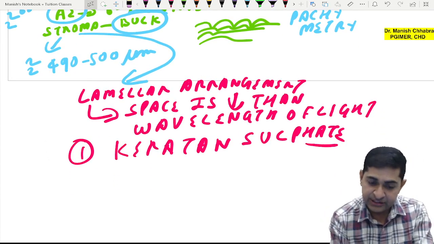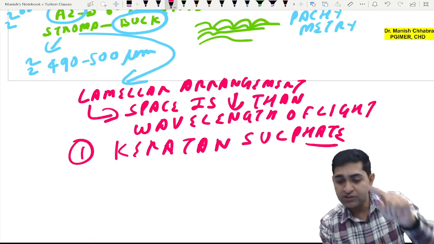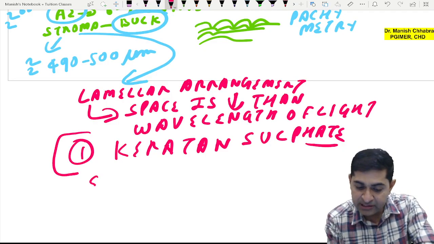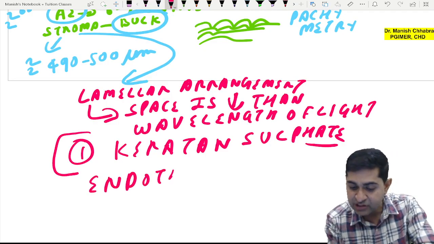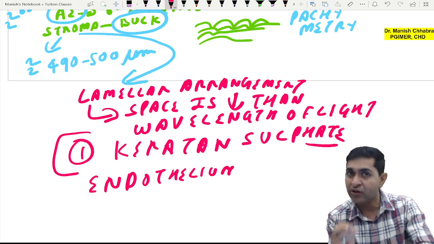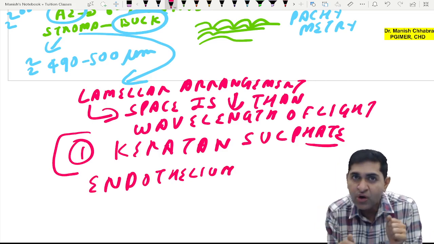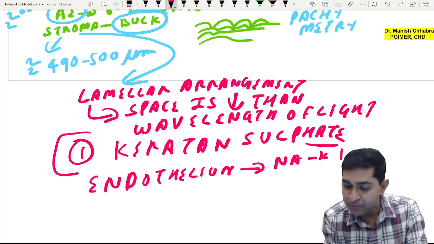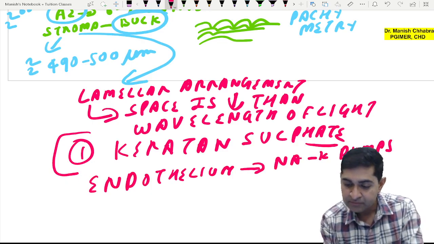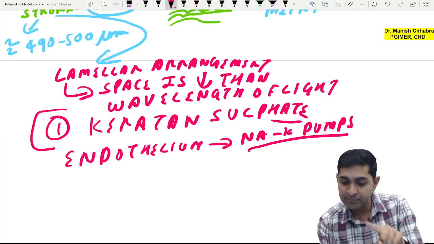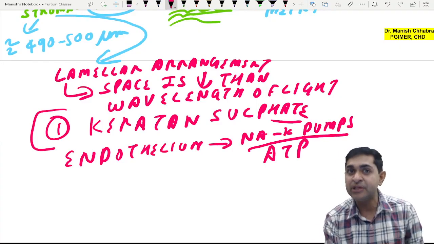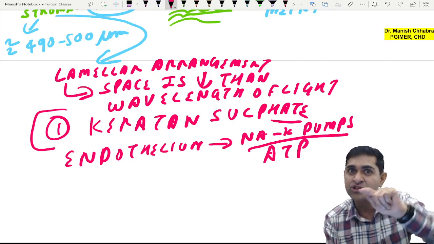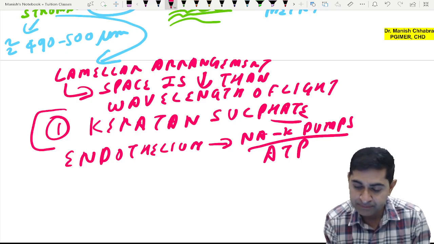Okay, all right. And if we further talk about transparency, there is another layer, the endothelium of the cornea, which is the innermost layer of the cornea. The endothelium has sodium potassium pumps. These sodium potassium pumps use ATP, so they are the most metabolically active components of the layers of the cornea.